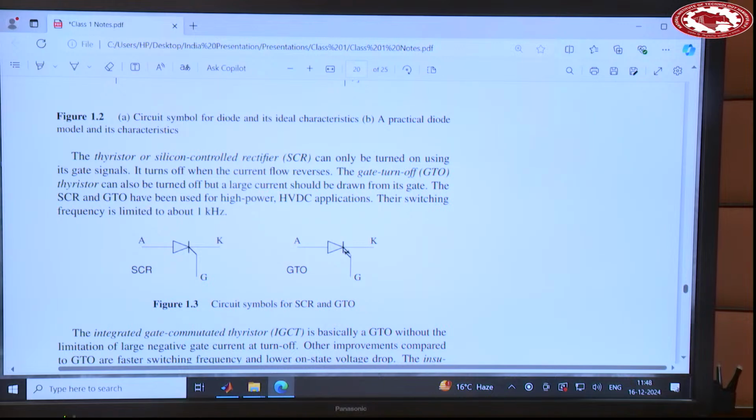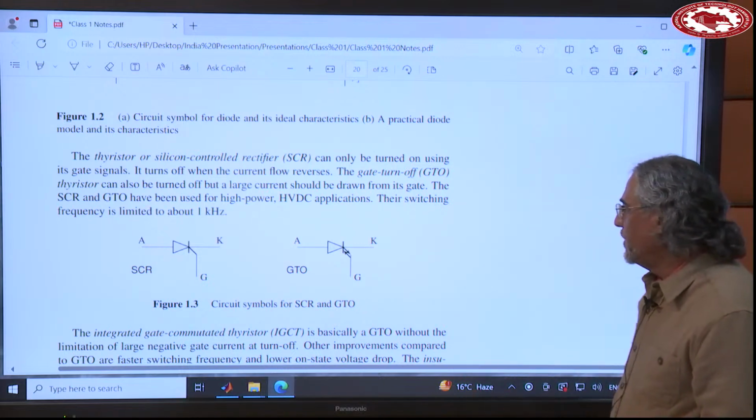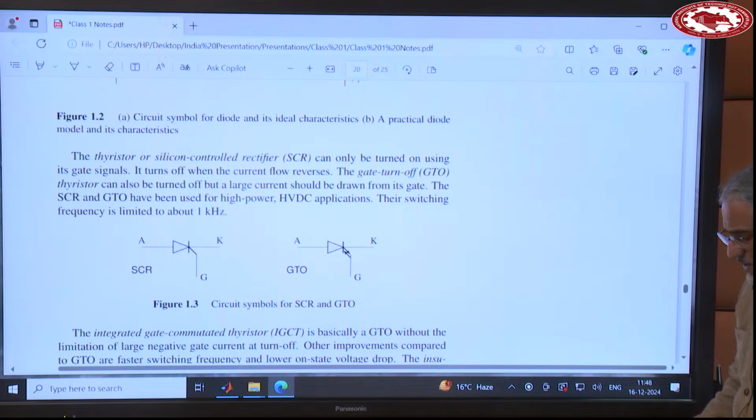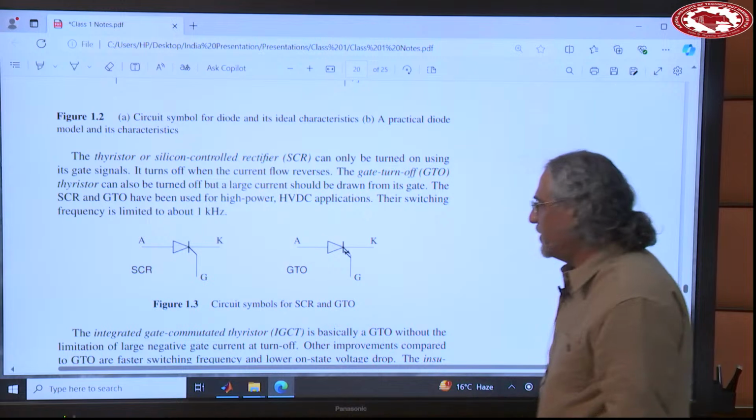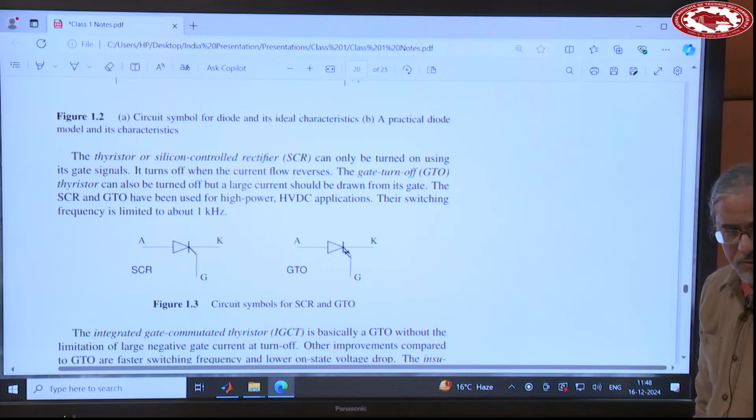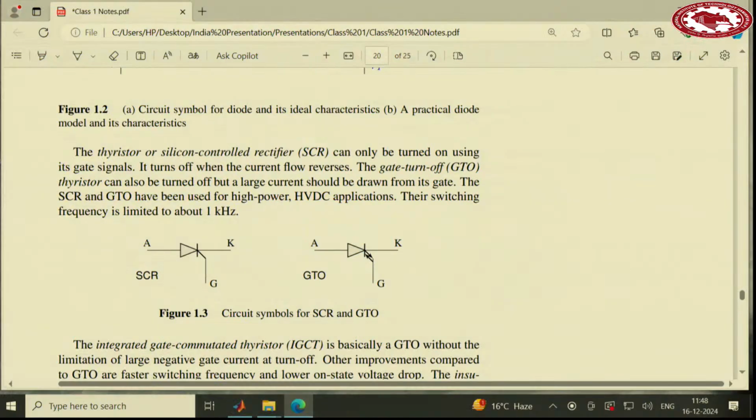Gate turn-off, GTO, basically has the same properties as SCR, but with the difference that now if you pull a current out from the gate, you can turn the device off as well. In other words, it has addressed the turn-off weakness of the thyristor.